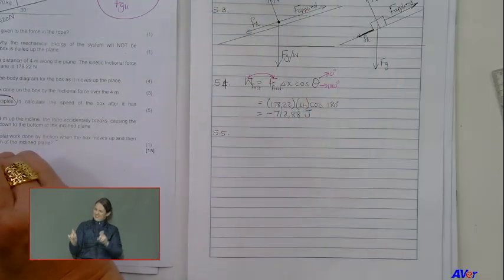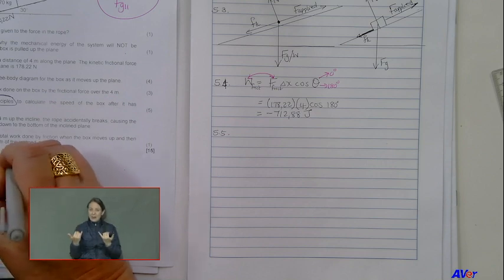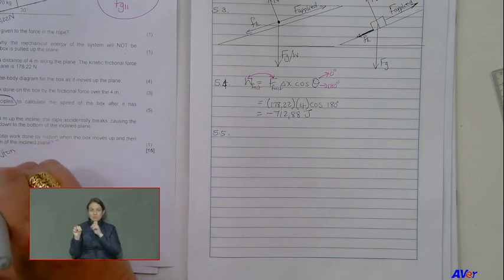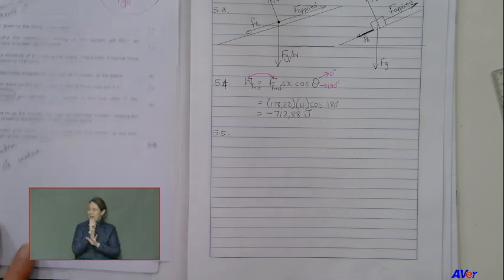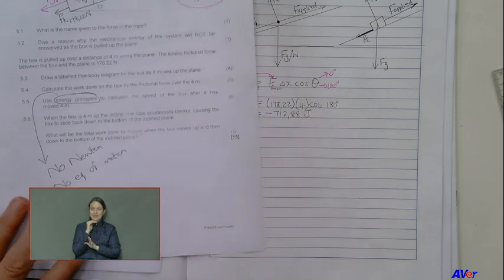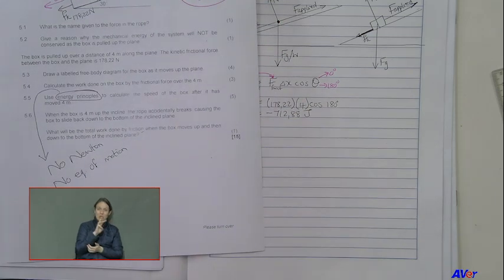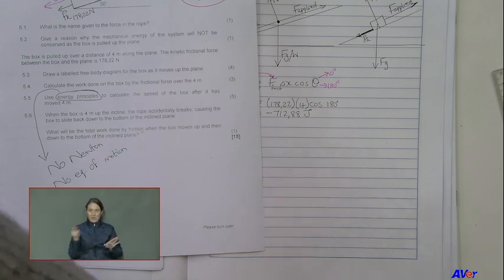Then 5.5, use energy principles. Boys and girls, if I tell you energy principles, then there's no Newton and there's no equations of motion. So you're not allowed to use Newton to calculate the F net.